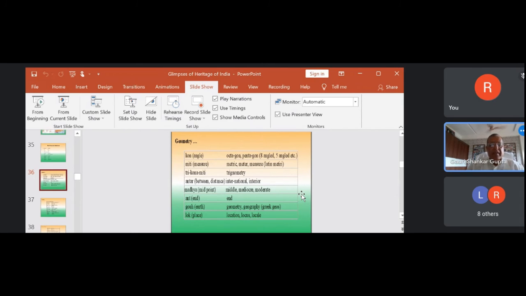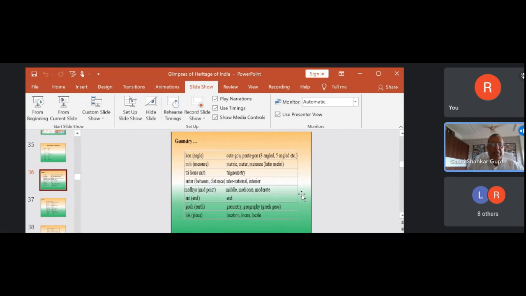Ant. किसी चीज का अंत हो गया हम कहते हैं हिंदी में, संस्कृत में भी. And then in English we call it end. It is the same word slightly modified. Then gu. Gu is earth, and in the Greek language they call it geos.